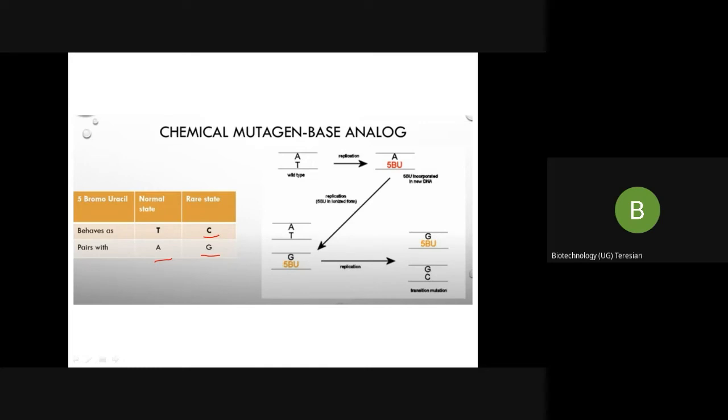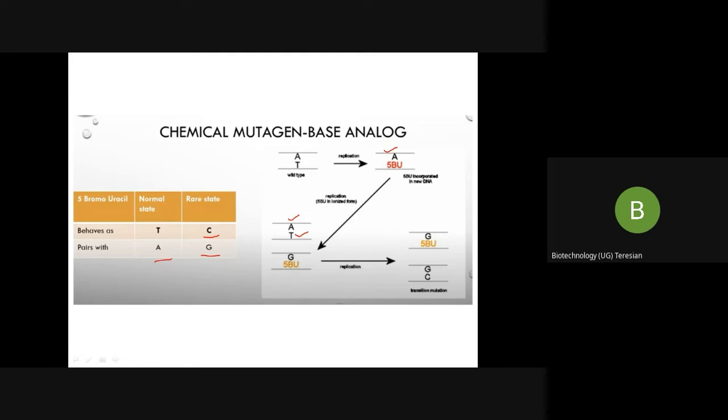Now the new daughter strand is being formed. You have A, this one is here, and the new daughter strand is T. Well, the other strand here, the parent strand, has the 5-bromouracil. And this 5-bromouracil should have been thymine.